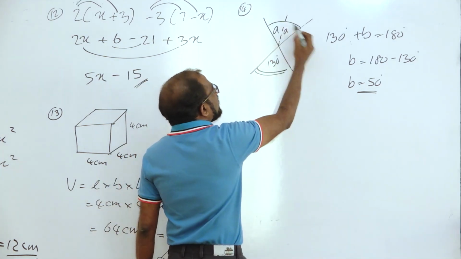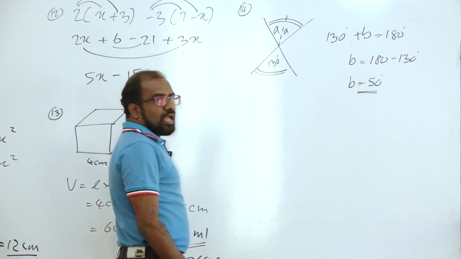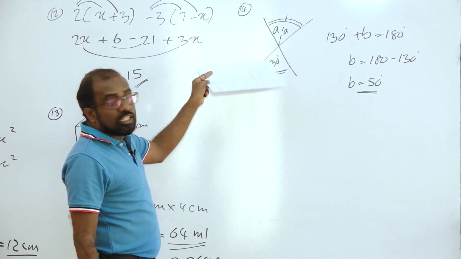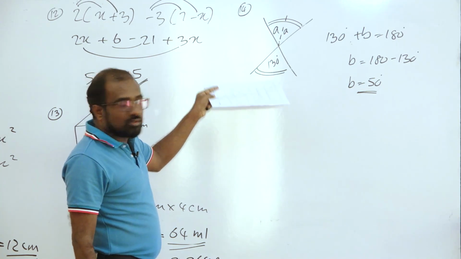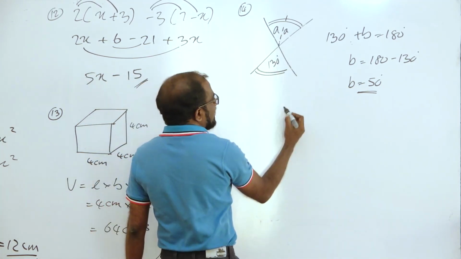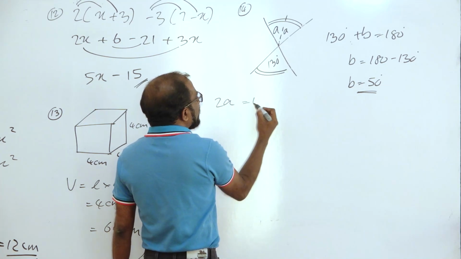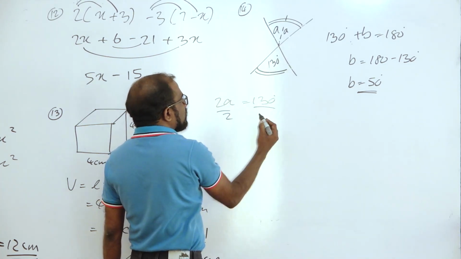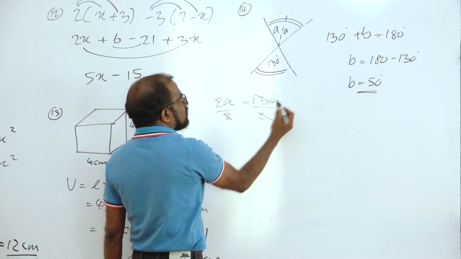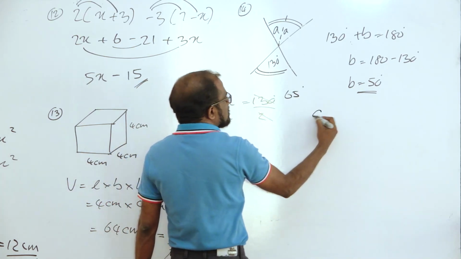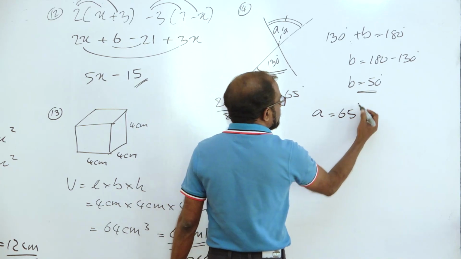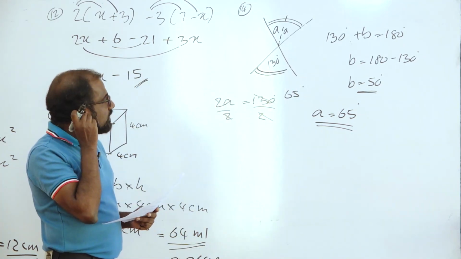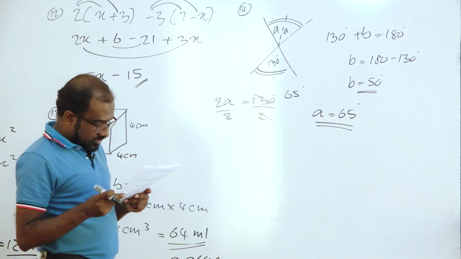These are vertically opposite angles. We know vertically opposite angles are equal in magnitude. So A plus A, that is 2A, is equal to 130. Divide both sides by 2. You get the answer: A equals 65 degrees.